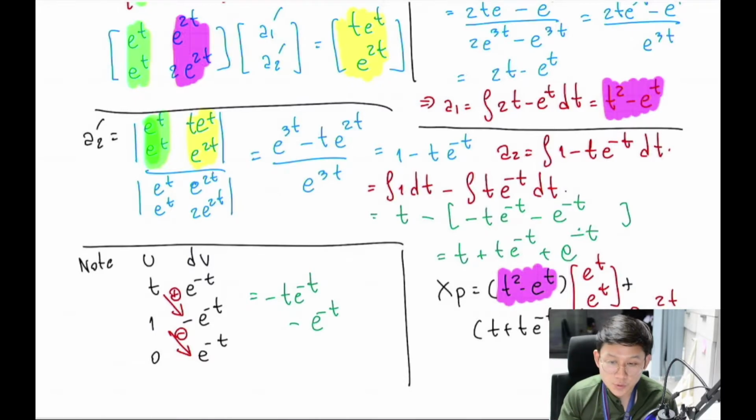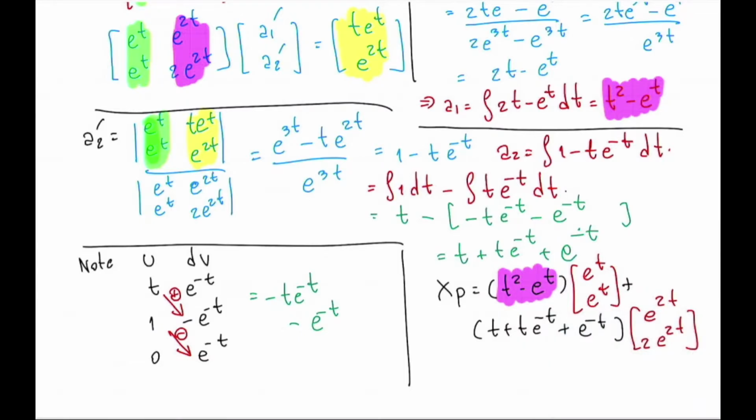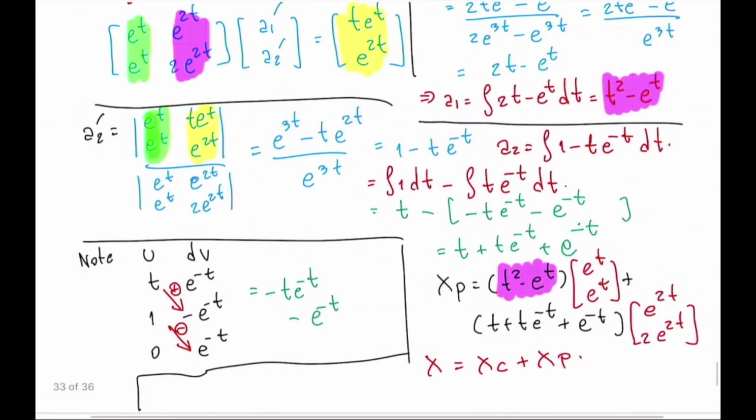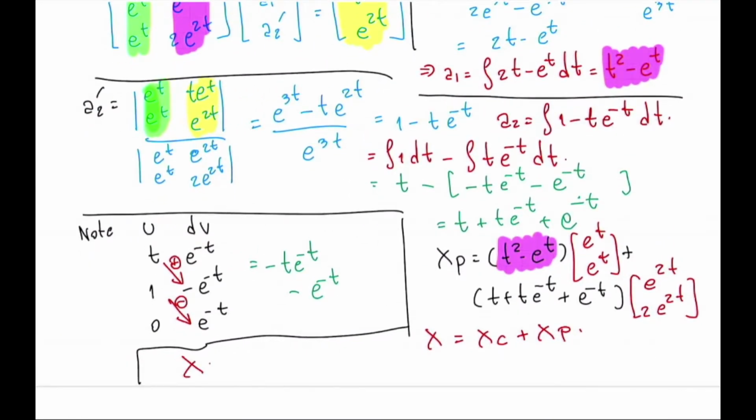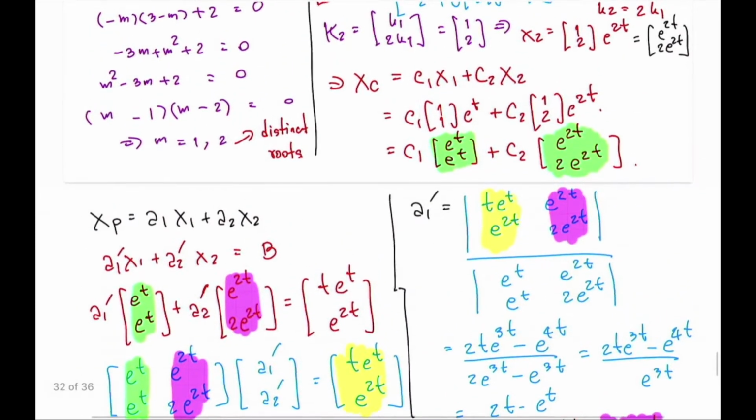And your solution x would be just xc plus xp. Okay. If you really want to write that down, you write that down. I'll just write that down here. So I would get x equals xc.